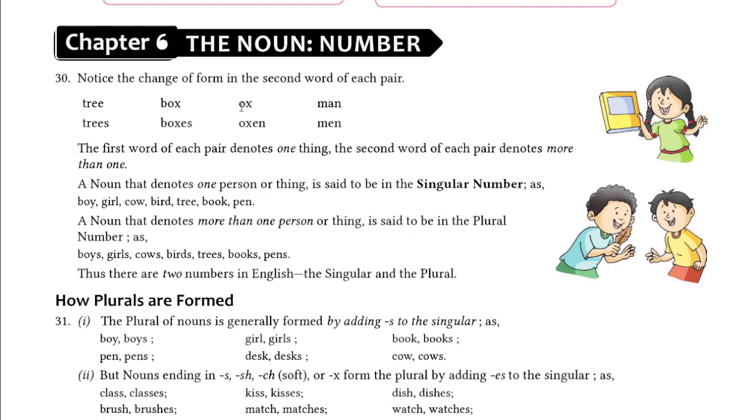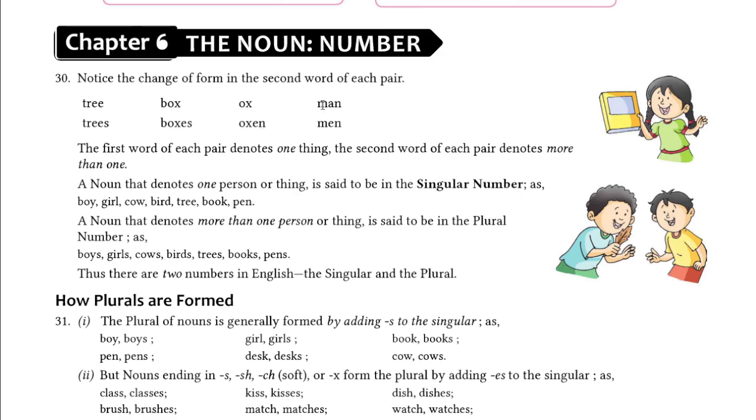Ox: this noun denotes one animal. Ox is basically a male cow with its sexual organs removed. It's a castrated bull. Ox denotes one animal, so it is a noun in singular number. Oxen denotes more than one animal, so it is a noun in plural number.